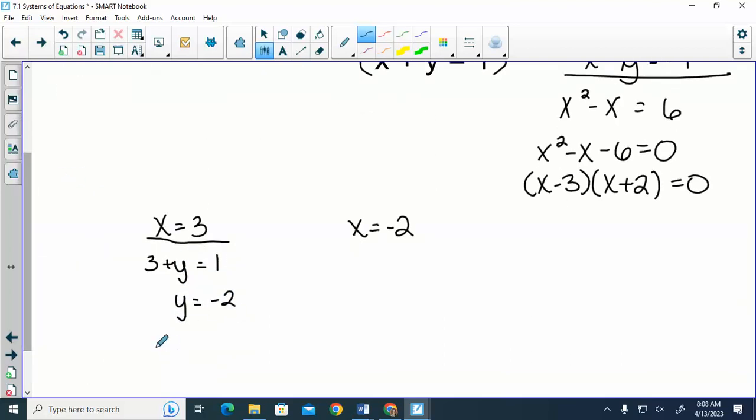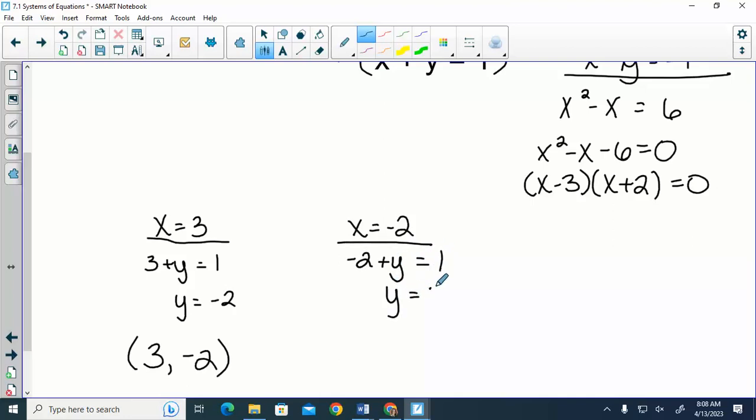So my first point is 3, negative 2. If I put in negative 2, add that over, and we get 3. So the second point is negative 2, 3. Are they always going to be inverses? No. See, I was hoping you'd say that. Makes it a lot easier if they are.